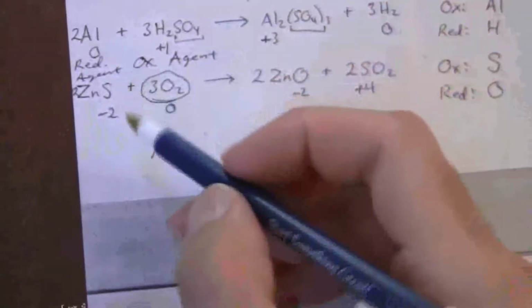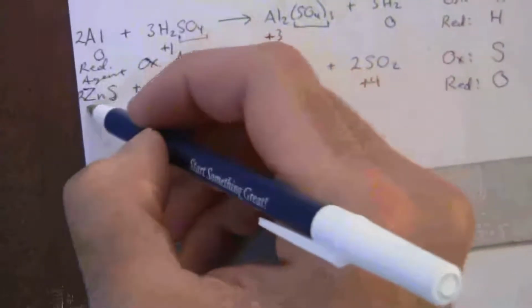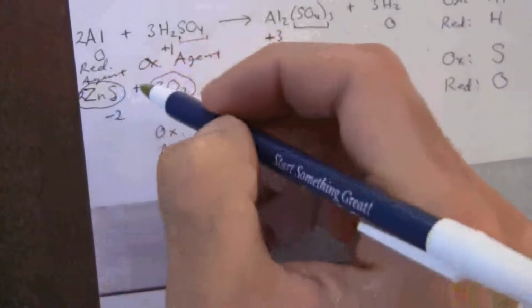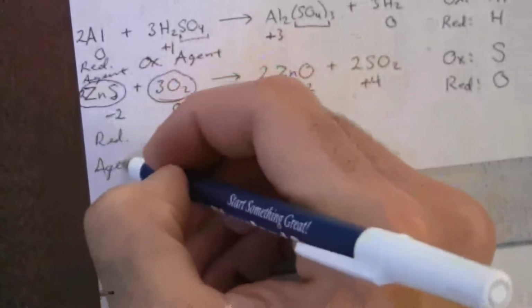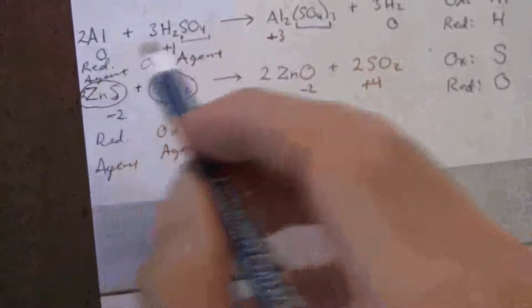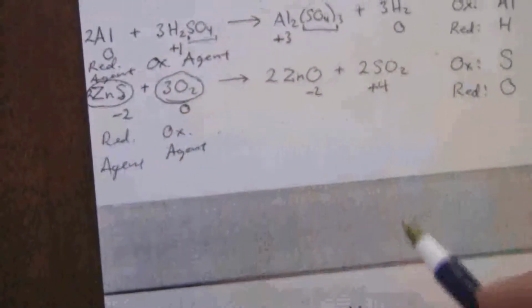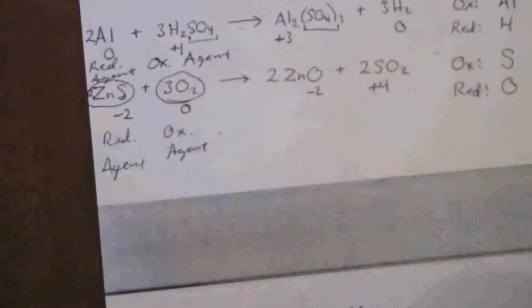So it's the zinc sulfide that is my reducing agent. That is what is reducing the oxygen from 0 to -2, my zinc sulfide.